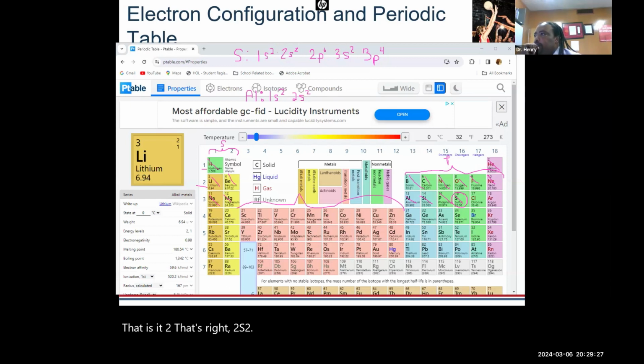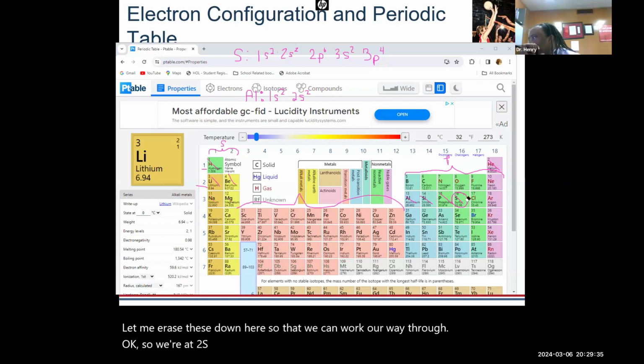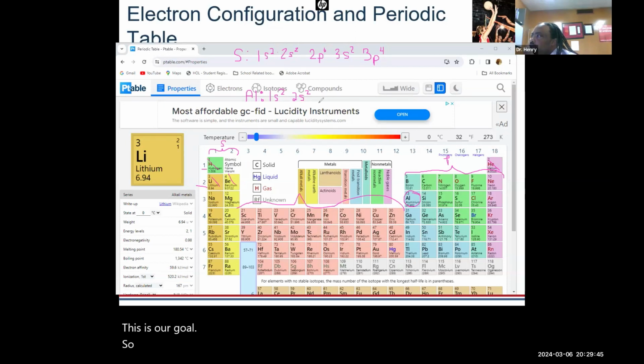Let me erase these down here so that we can work our way through. Okay, so we're at 2s2, and we're trying to get to aluminum. This is our goal. So then 2p6. Okay, so that's getting rid of those electrons.